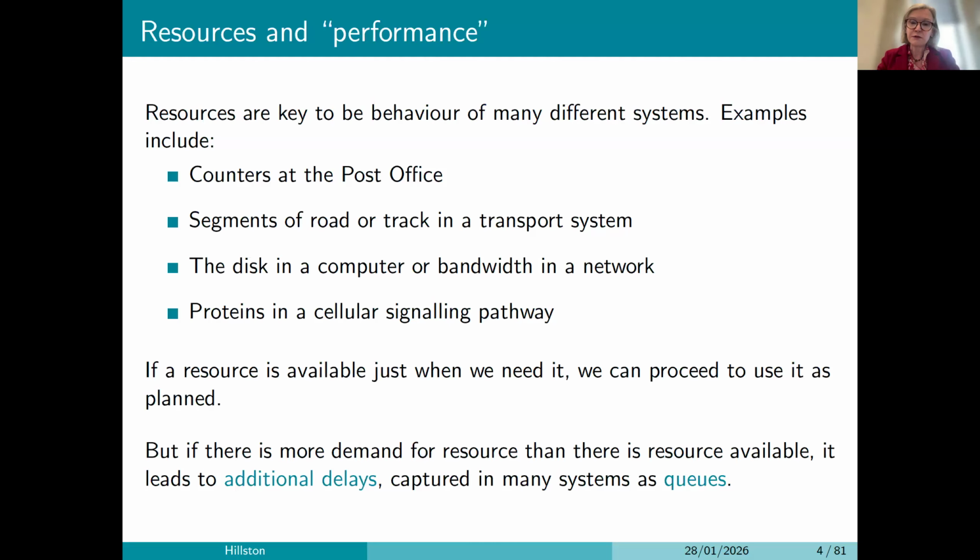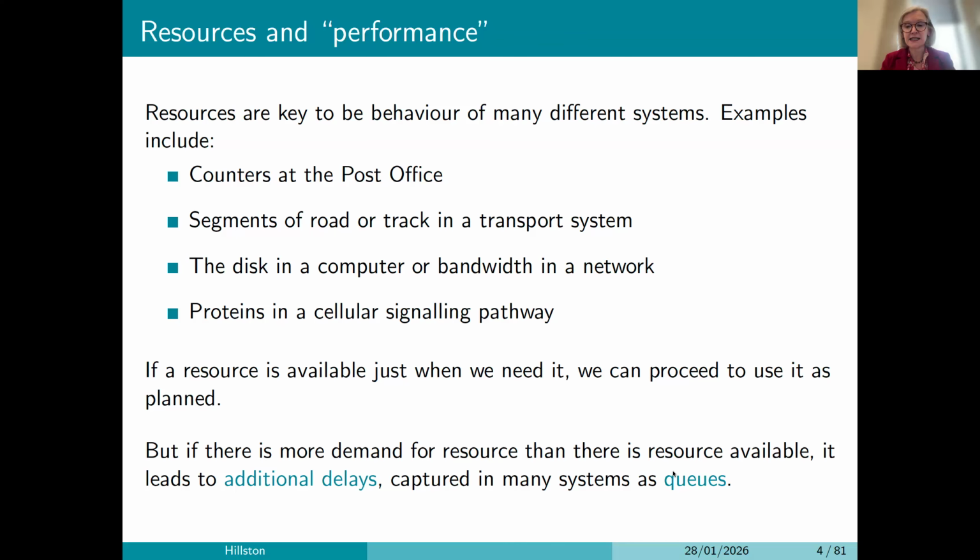So when we talk about performance modelling, we're really very focused on the resources within a system. This might be all sorts of different things. When we go to the post office, the number of counters open are the resources available to us. They are the servers. In a transport system, it might be a segment of road or a segment of track that will limit how much traffic you can get within the system.